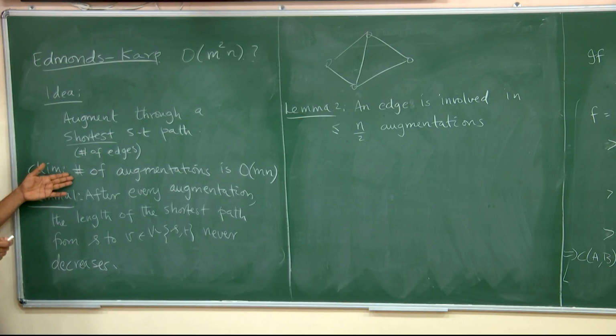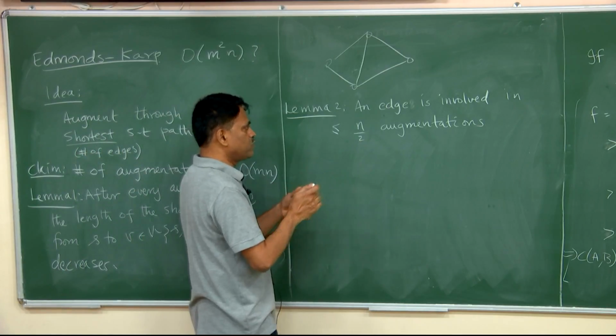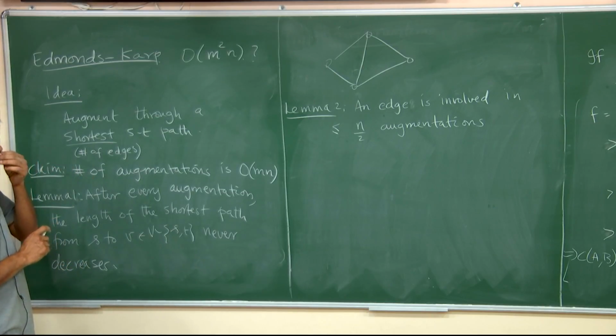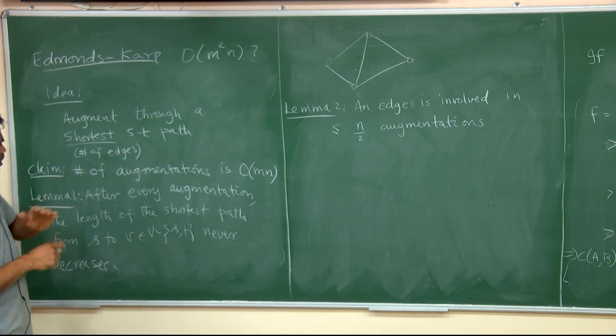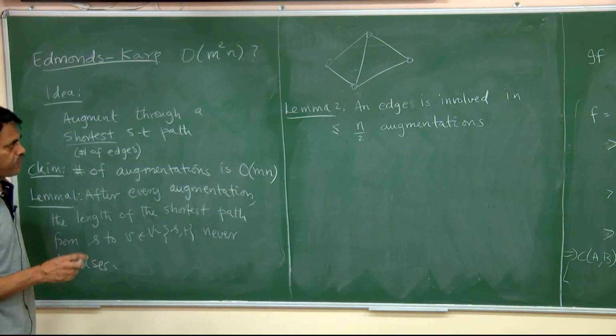Okay, it's a very conservative upper bound. In fact, in one augmentation, there are a lot of edges involved. But even if you are doing a conservative estimate, one edge is involved in at most n by 2 augmentations. So m edges, mn number of augmentations. So let's try and prove lemma 2 assuming lemma 1, and then we'll try and prove lemma 1.